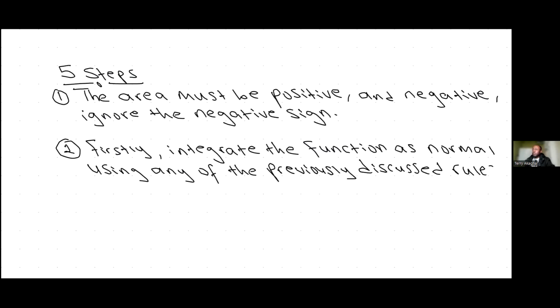Number 3, okay? Then after you've integrated, you have to then substitute the upper limit into the integral expression from step 2 to get a value y1. Similar to what we did above the x-axis, where you substitute the upper limit, then you substitute the lower limit, then you subtract. So step 3 to 5 is basically the same thing.